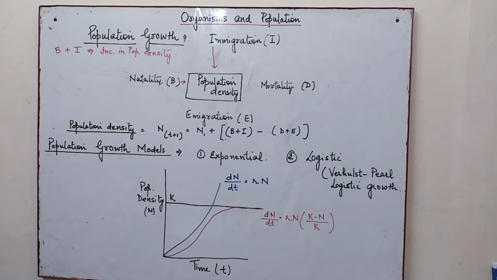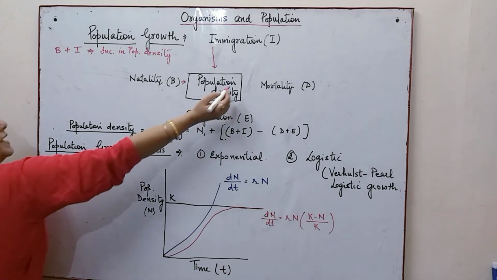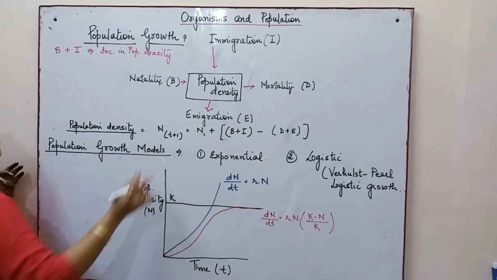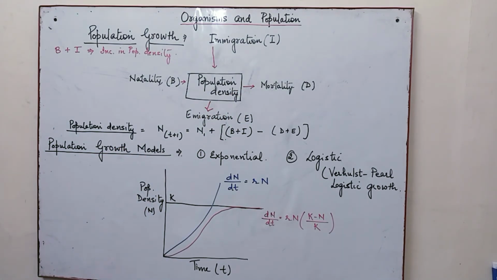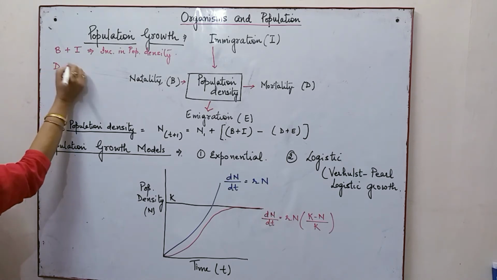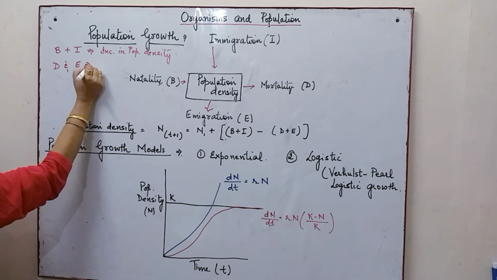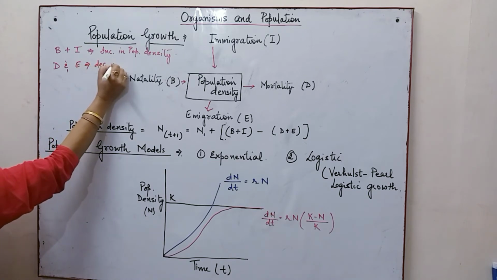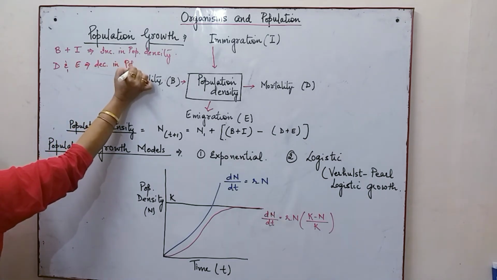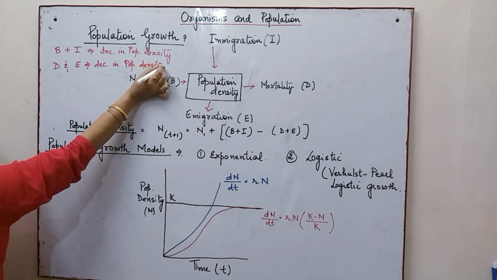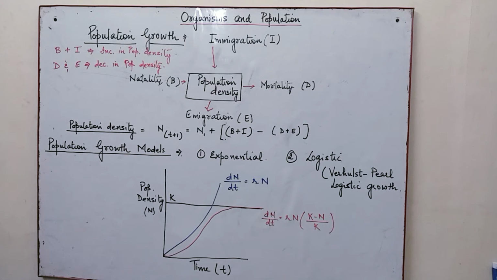The two factors that cause a decrease in the population density are mortality and emigration. When we say D and E, they will cause a decrease in population density. This is because mortality is the rate of death.